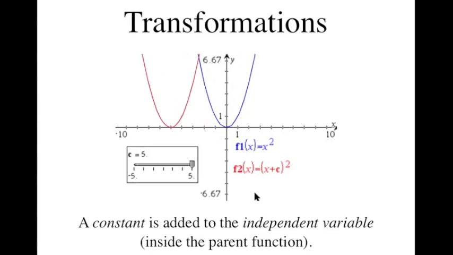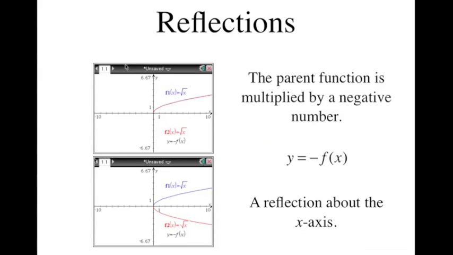So as this is going through, we can see that the function is moving left and right. However, notice that when the c value is negative, it's on the positive side, and when it's positive, it's on the negative side. So it's a little opposite from what we would initially think. All right, so that's our horizontal transformation.